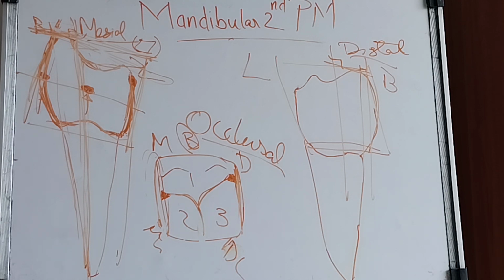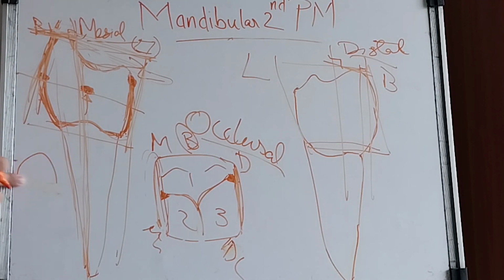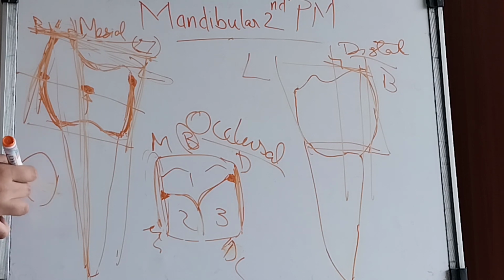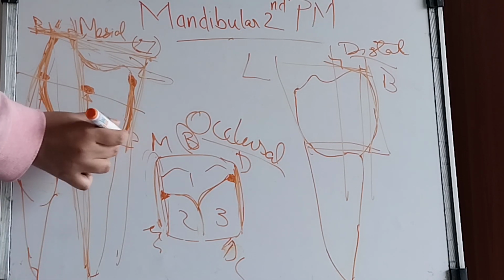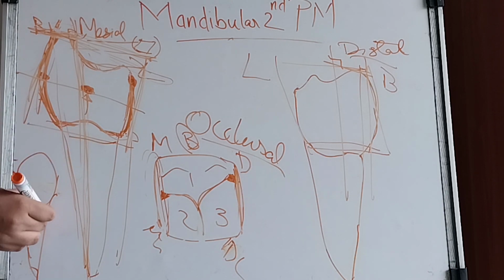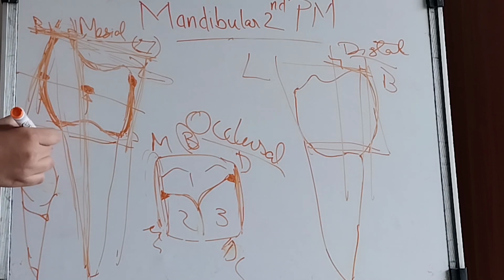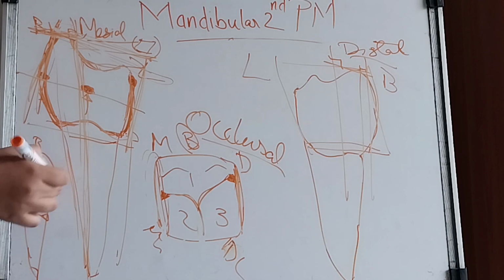That is when we see this in the buccal aspect. If this is my buccal aspect, it is wider like this than buccolingual. This is the buccal aspect, mesiodistal.